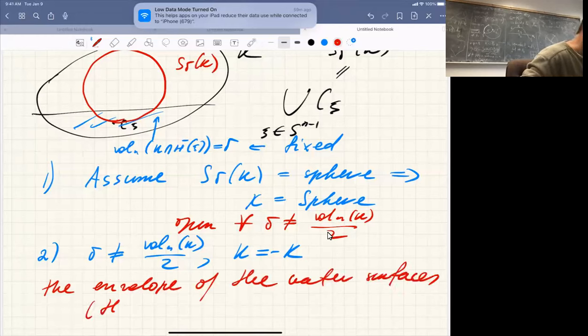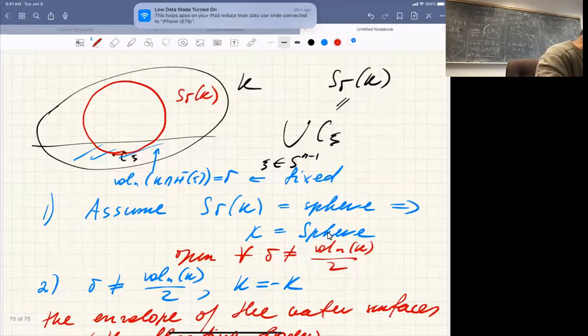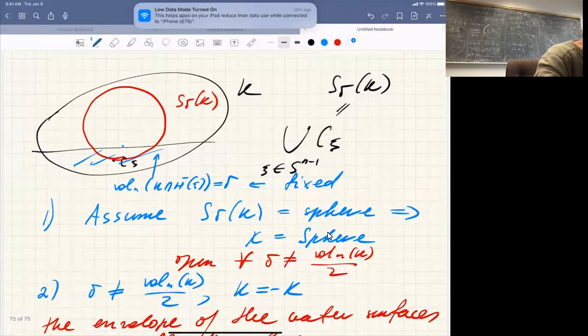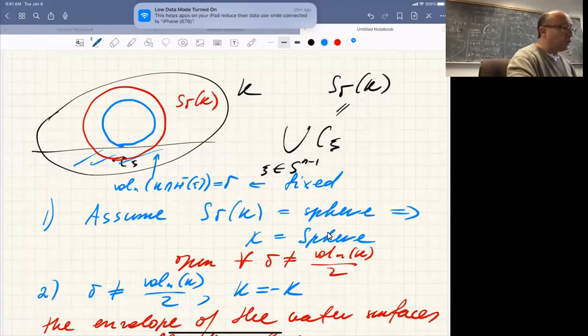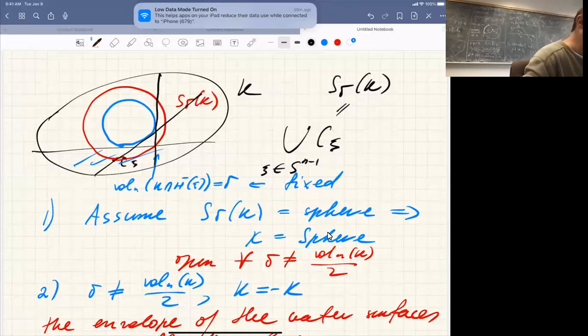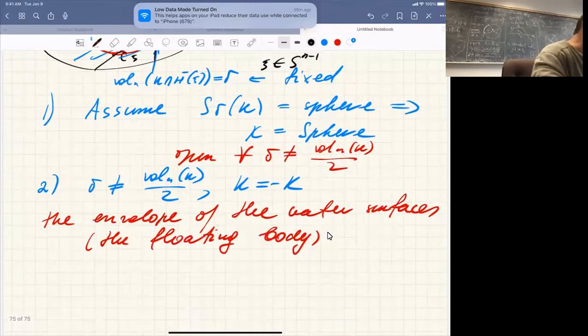I don't want to enter into the definition right now. So something like this here. This is my envelope. I change my water surfaces, and they are all tangent to my envelope, and I always chop off the fixed volume. So the envelope of the water surfaces is a sphere.